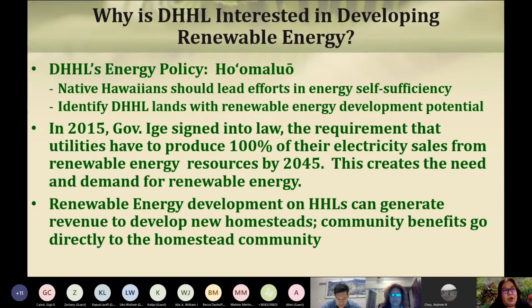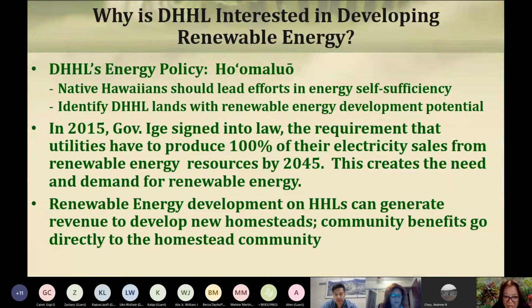Another reason why we are interested in renewable energy development is because in 2015, Governor Ige signed into law the requirement that utilities have to produce 100% of their electricity sales from renewable energy resources by the year 2045.